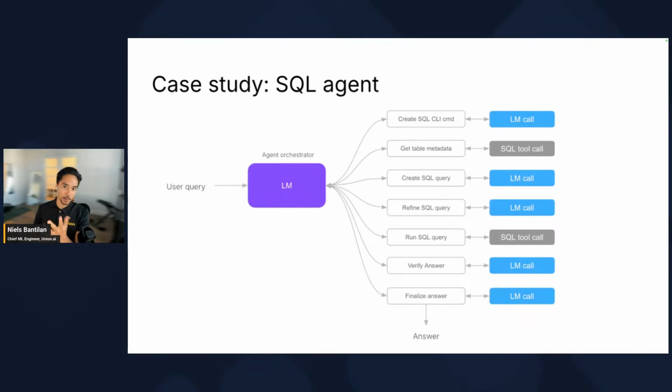Based on that metadata, in the agent's context now, it's going to maybe generate a SQL query, may go through a few loops of refinement of that query. It'll run that query, verify the answer, and finalize the answer to make it maybe more human readable. And then once the agent orchestrator figures out, okay, I have the right answer, it'll return the answer to the user. So this is, at a high level, how you might architect this kind of agent.